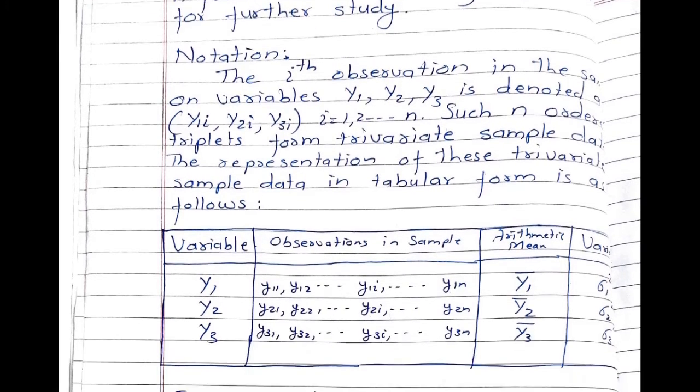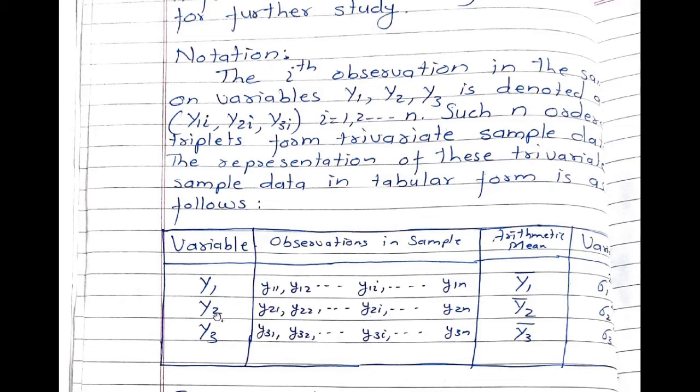See, there are three variables: y1, y2 and y3. Observations in the sample for y1 are y11, y12, y1i up to y1n. If you take the arithmetic mean of the sample, it is y1 bar. If you take the variance of the sample, it becomes sigma 1 square.